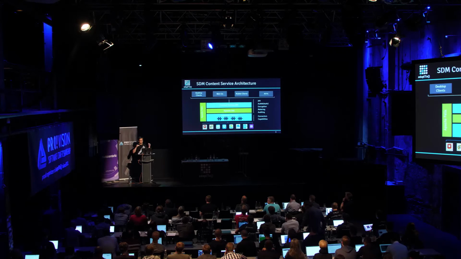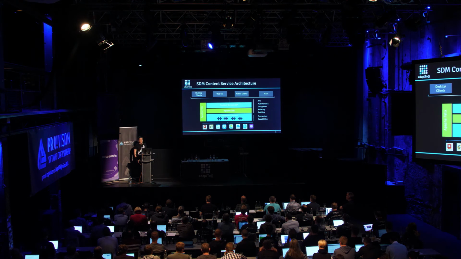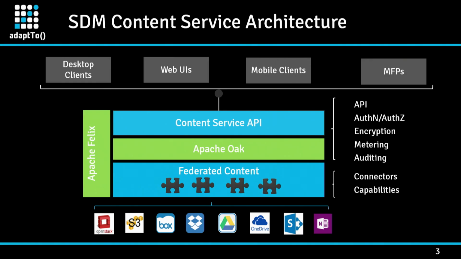REST API. The SDM itself does not provide a user interface. The user interface is actually provided by the services and applications that are connected to SDM. We also enable authentication and authorization, encryption of the content at rest, metering, and auditing. And all of this content is federated content.